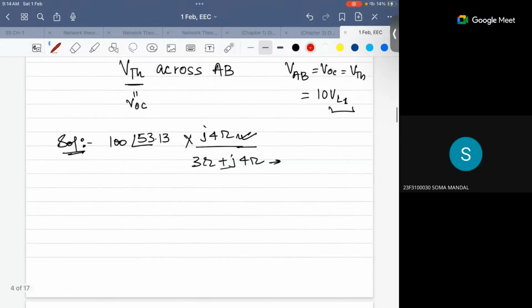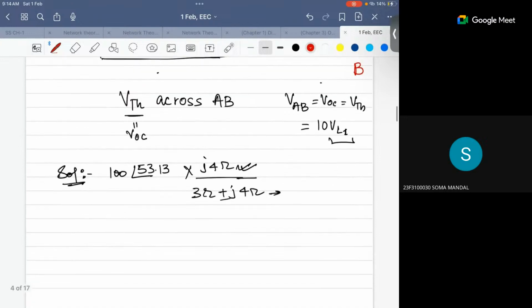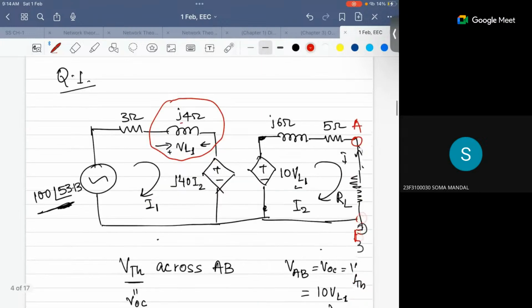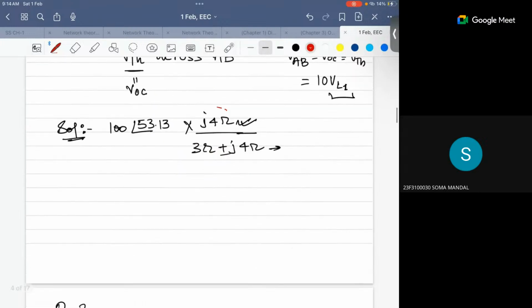Now we have to calculate the voltage across that particular inductor. How do you calculate with the voltage divider rule? The voltage across this upon the total impedance in this circuit itself, so 3 ohm plus 4J. Now we have written this in polar form, so we'll try to write this also in polar form.